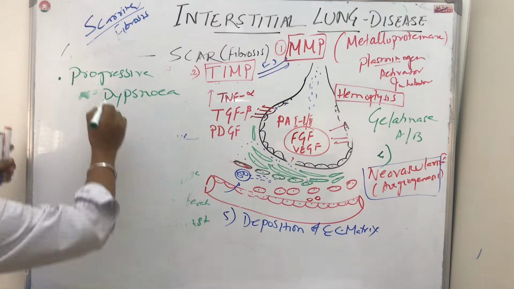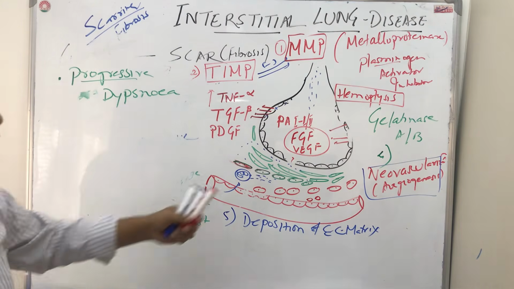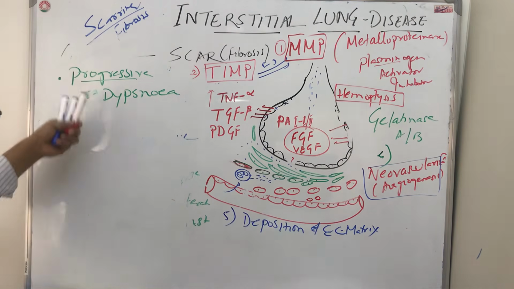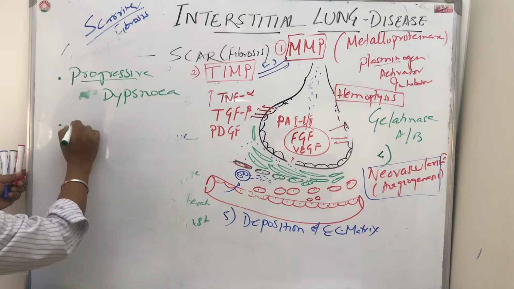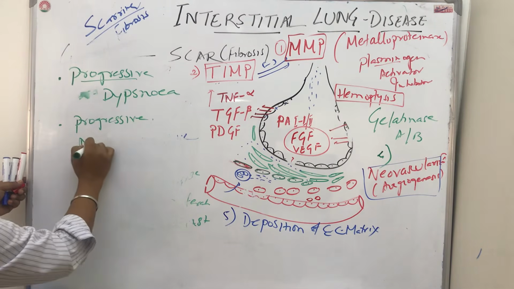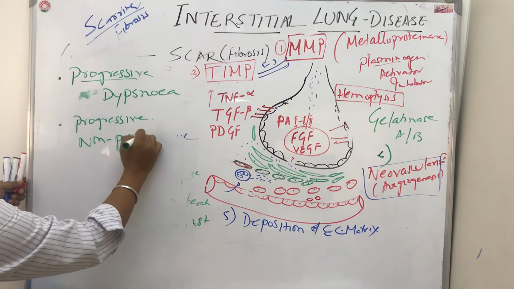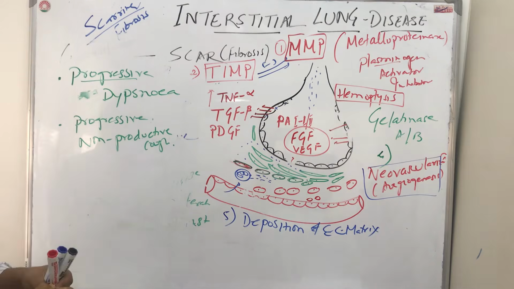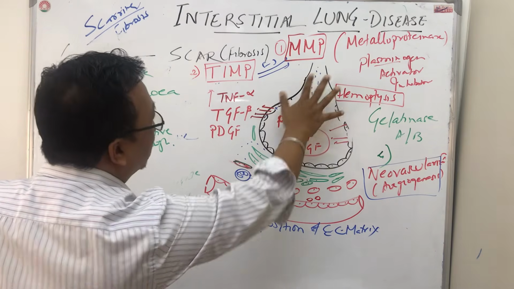Progressive dyspnea, you have to mention this word because interstitial lung disease is developing slowly, right? All these things are happening side by side. So there will be progressive dyspnea, and again progressive non-productive cough. So there is no secretion of mucus here.